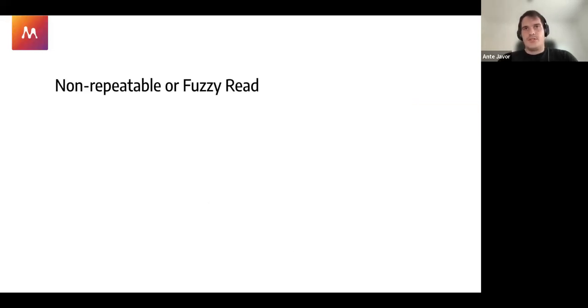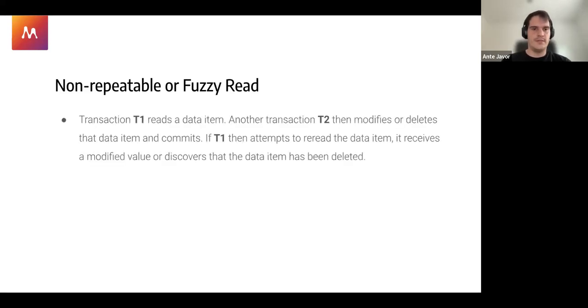So, for example, the third issue or anomaly that is discussed in the paper and is a very well-known general anomaly is non-repeatable or fuzzy read. Transaction T1 reads the data item, then another transaction T2 modifies or deletes the data item. And if T1 then attempts to reread the data item, it receives the modified value or discovers that there is no data there.